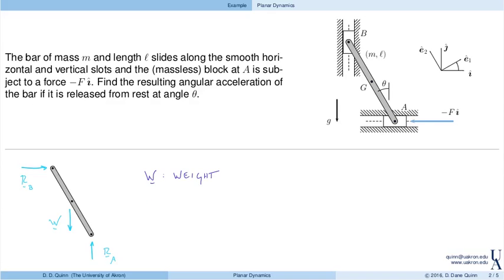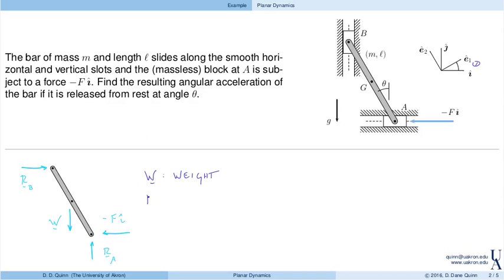And then finally, we have our applied load, minus F in the I direction. And here, I and J are horizontal and vertical. And we'll define E1 and E2 to be along the bar. E2 is along the bar, E1 is perpendicular to the bar, so that E1 and E2 are oriented by the angle theta.